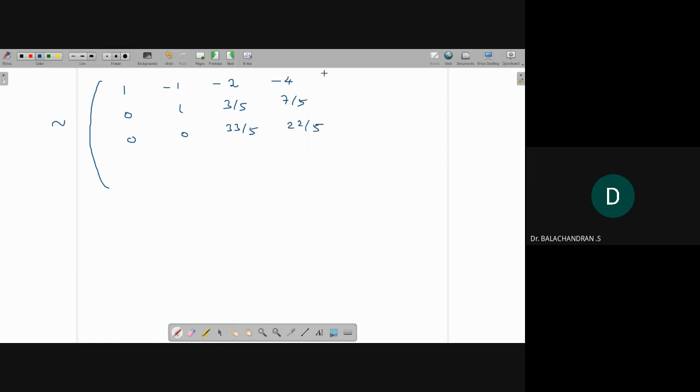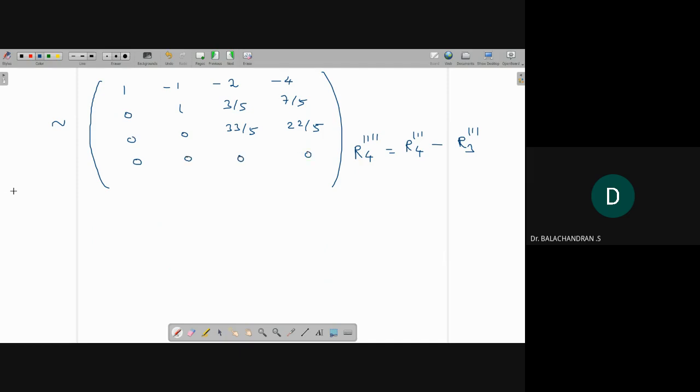And in the last row I am going to use the transformation R4 4 dash is equal to R4 triple dash minus R3 triple dash. So I think you will get all of them equal to 0.